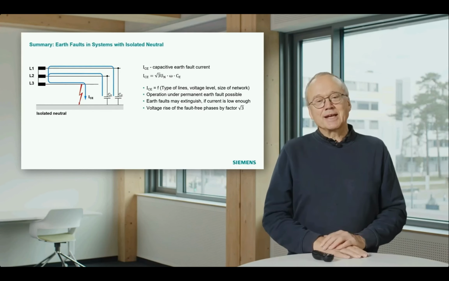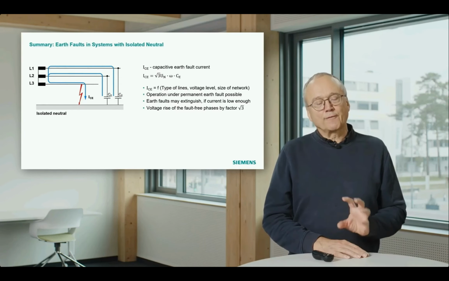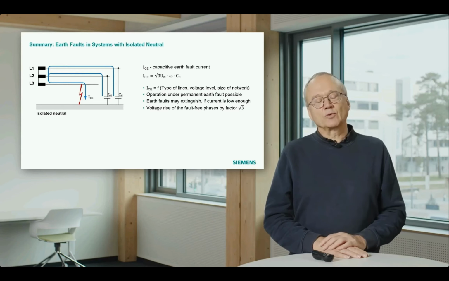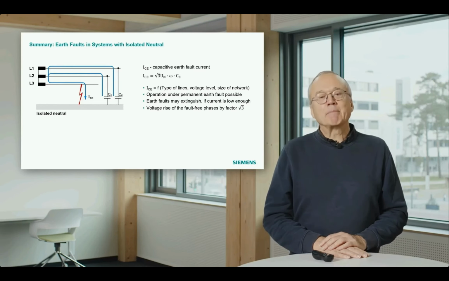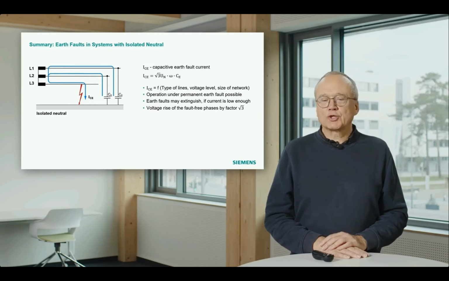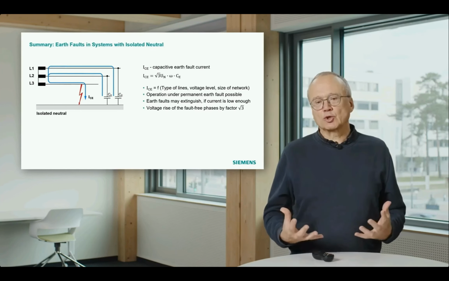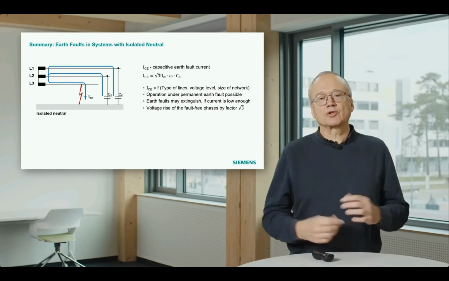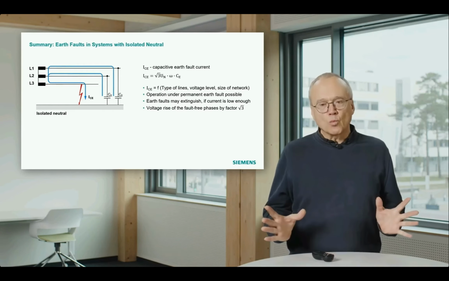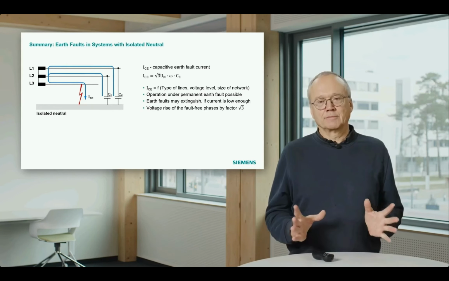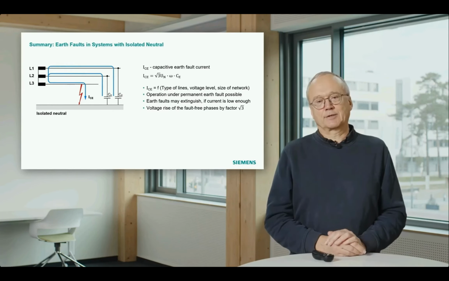The strange thing here is this earth fault current, and we will see values later on, are much lower than the normal short circuit currents. In a normal short circuit, we have currents in the range of kiloamps. We have to disconnect them as fast as possible.